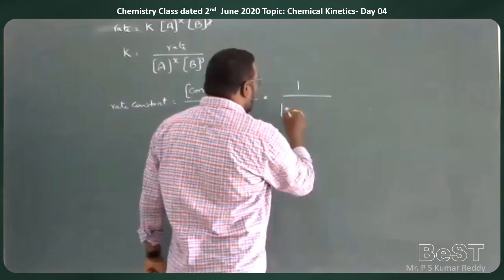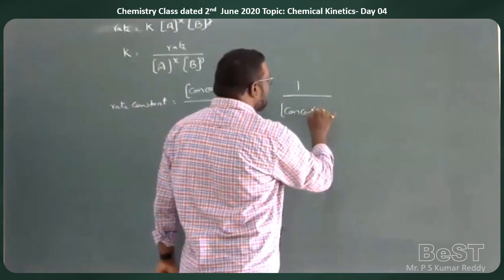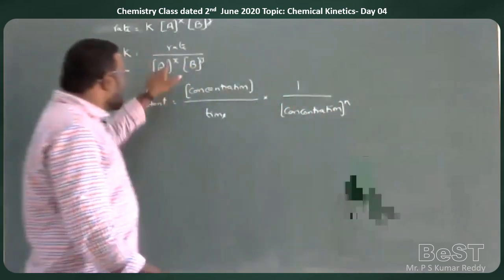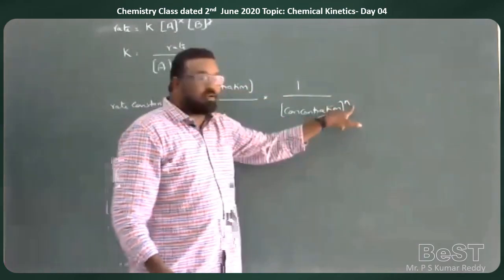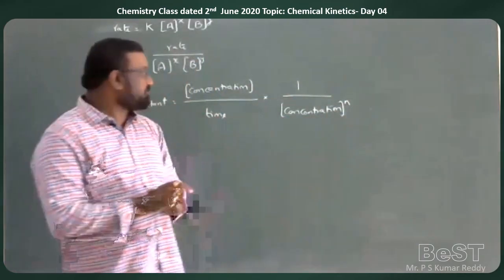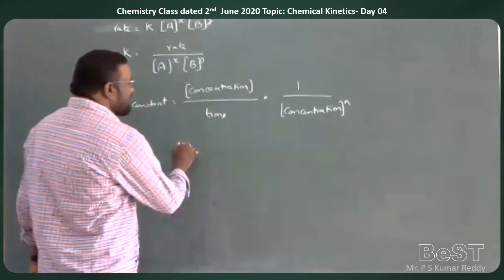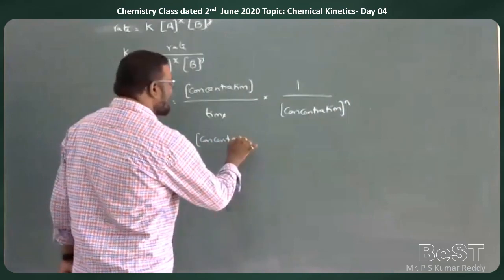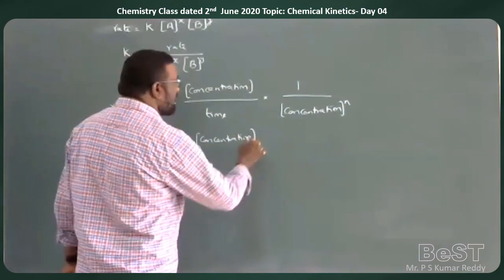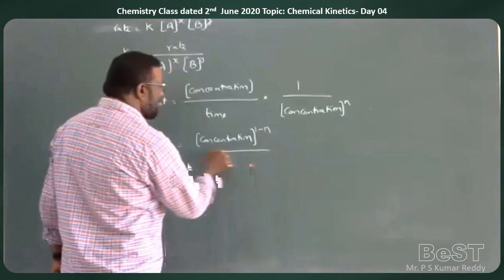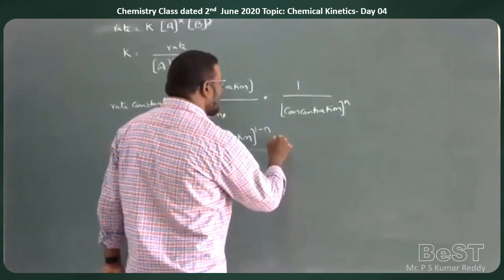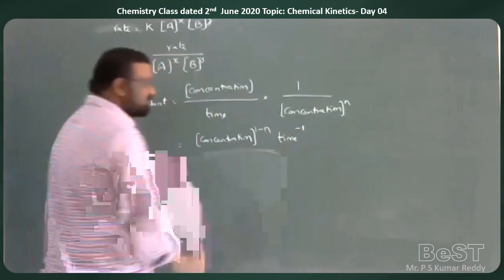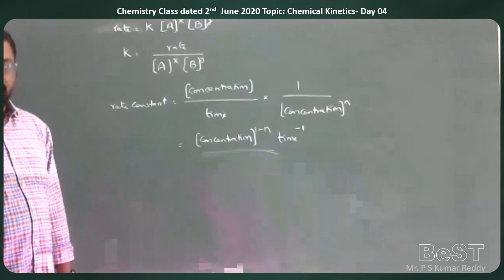So that is why here I am taking concentration to the power of n. Instead of x and y, I am taking n because n is the order of the reaction. Now, when I simplify this, I will get concentration to the power of 1 minus n into time to the power of minus 1, or inverse of time. This is the dimension for rate constant.